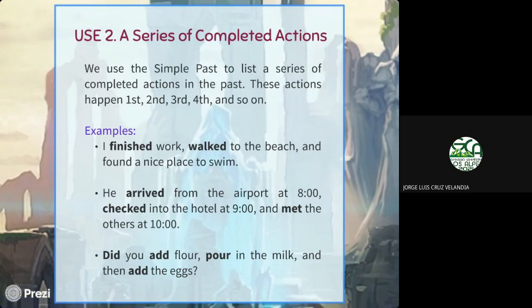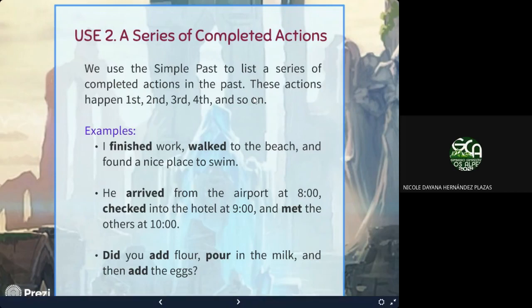Okay, we use the simple past to list a series of completed actions in the past. These actions happen, how can I say that? First, second, third, and fourth, and so on.